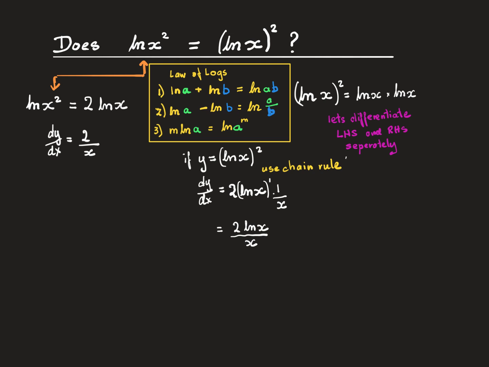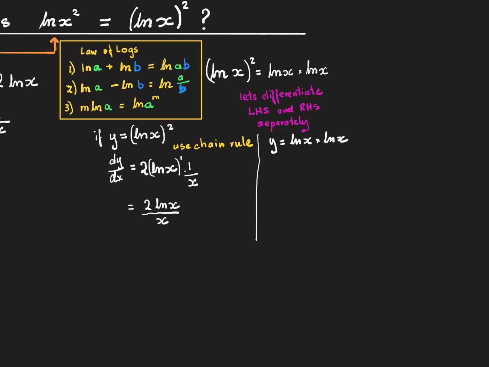Now let's have a look at the other side. What would happen if y is equal to ln x multiplied by ln x? We're going to use the product rule, where u is equal to ln x and u dash is equal to 1 over x, and of course v will also be equal to ln x and v dash will be 1 over x.